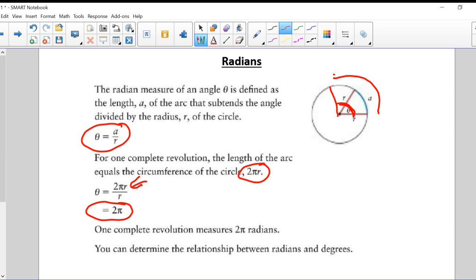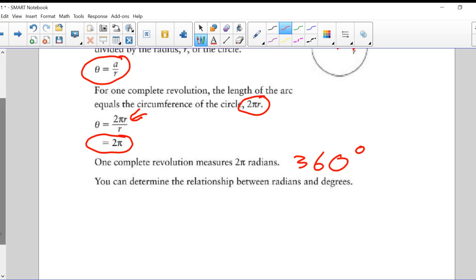We used to use 360 degrees for one full revolution. But now we're saying another way to measure it is in terms of radians. A full circle, which is 2 pi r as a circumference, is equivalent to 2 pi radians. So it's now possible for us to find a relationship between radians and degrees, because 2 pi radians is equal to 360 degrees.